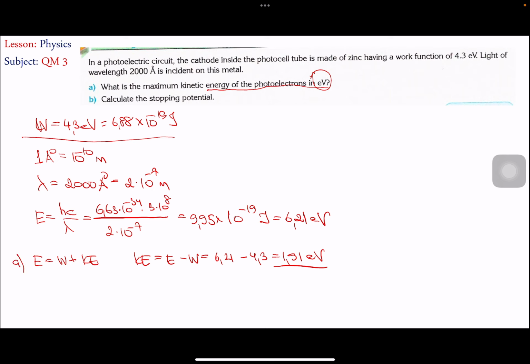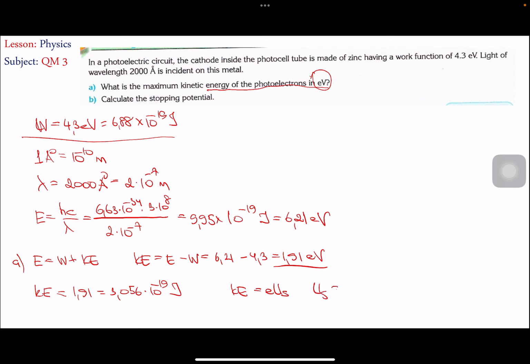Now if you come up to the B part, of course, I have to convert the energy carried by photoelectrons to joules. In order to do this, I have to multiply it by 1.6 times 10 to the power of minus 19, so that I'll have the number 3.056 times 10 to the power of minus 19 joules. And the stopping potential is not hard to calculate, because I know that kinetic energy equals e, the charge of electron, times stopping potential.